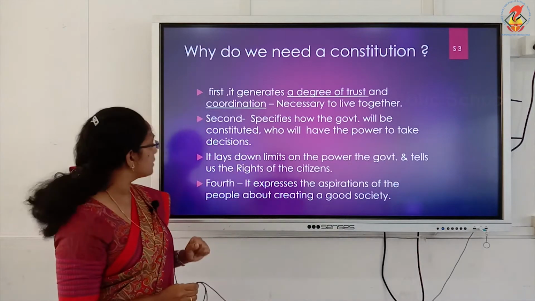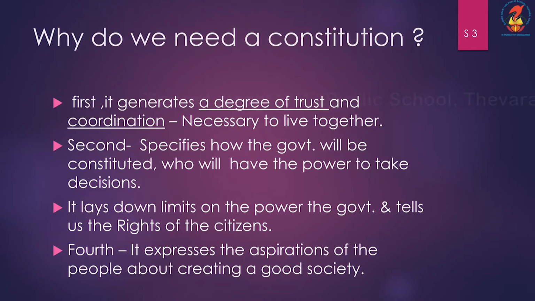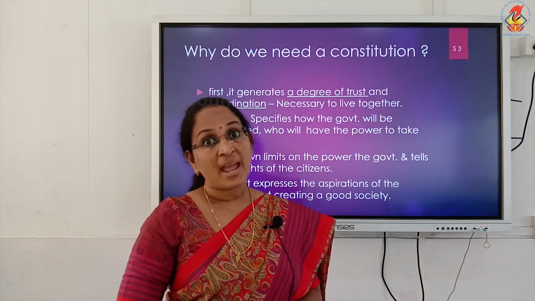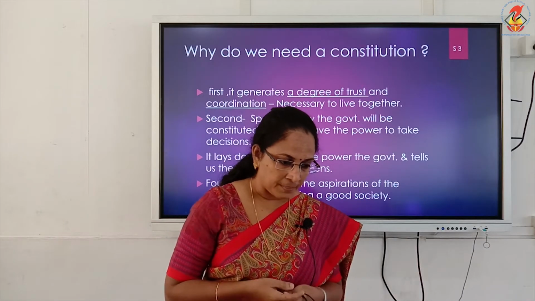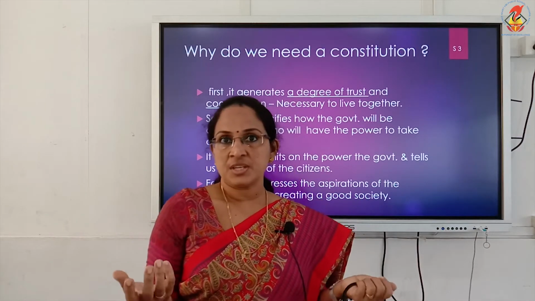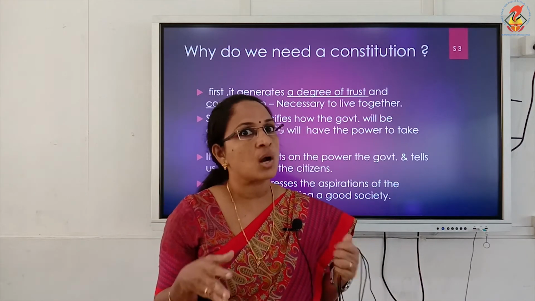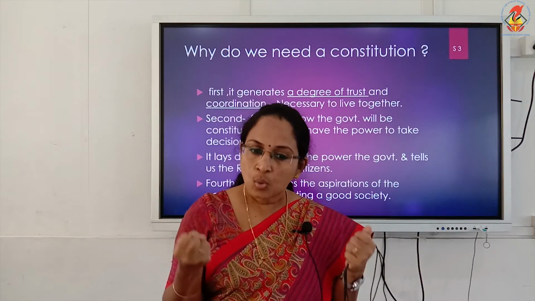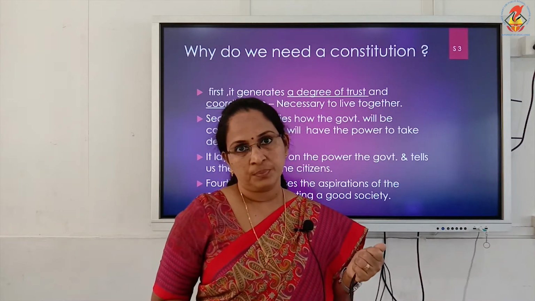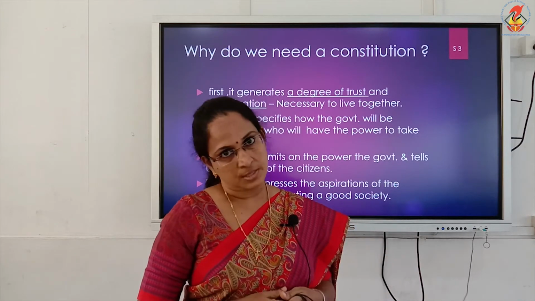And the last point, children, the fourth: it expresses the aspirations of the people about creating a good society. Our hopes and ambitions, the citizens' hopes and ambitions for creating a good society, are also expressed.